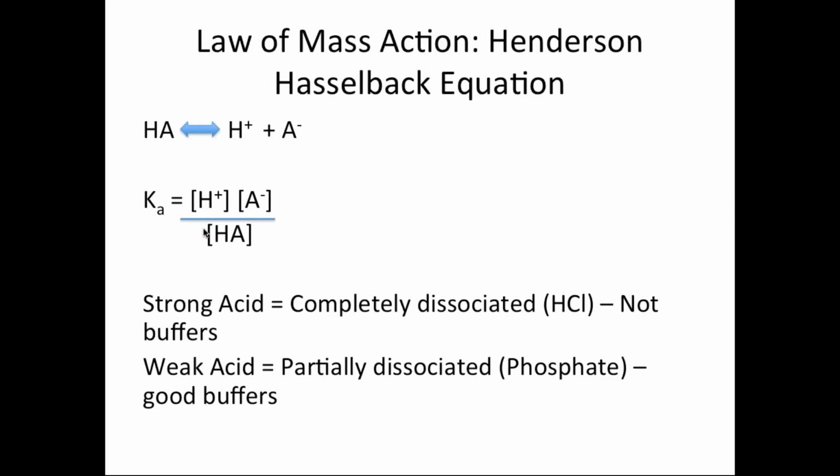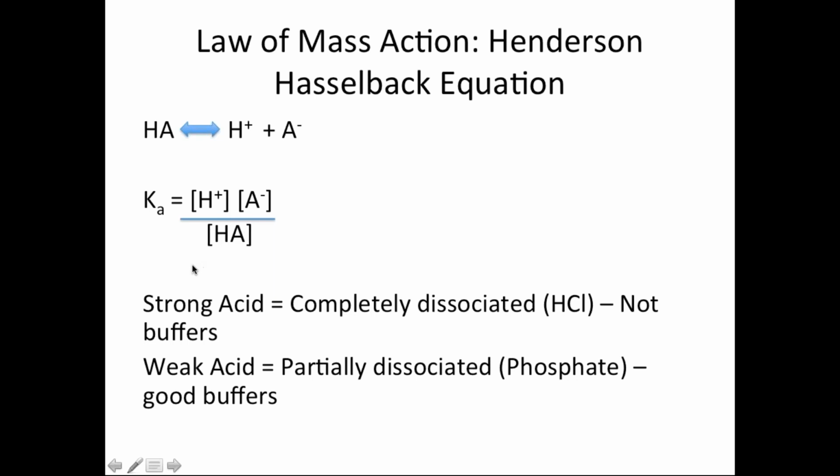So just a little bit of basics in terms of the law of mass action and the Henderson-Hasselbalch equation. HA, or any acid, can dissociate into H plus and an anion, and the Ka, which is the constant for this reaction, can be written as H plus times the anion divided by the acid concentration.